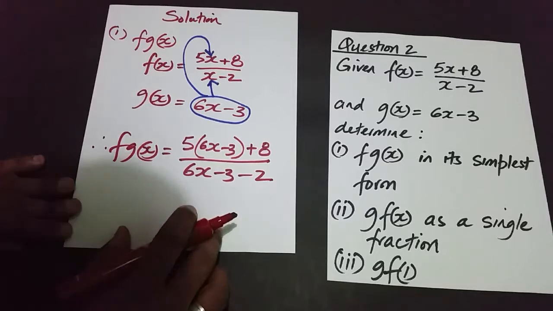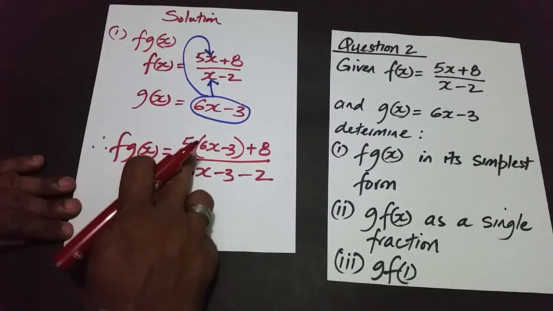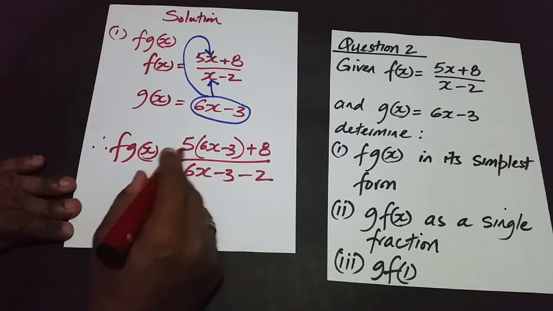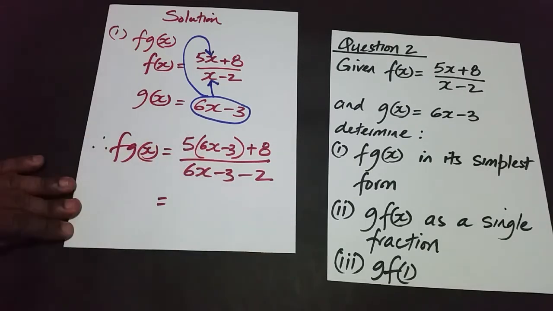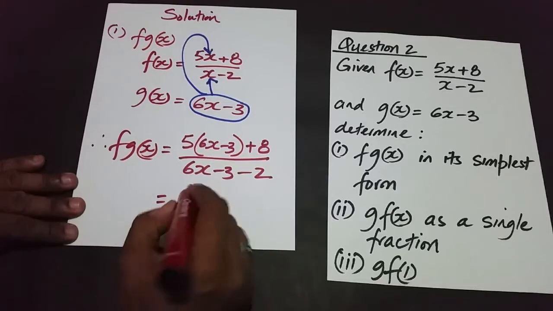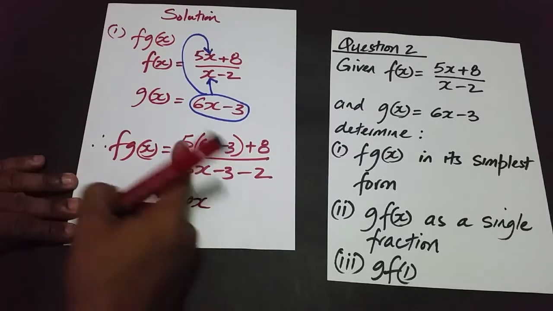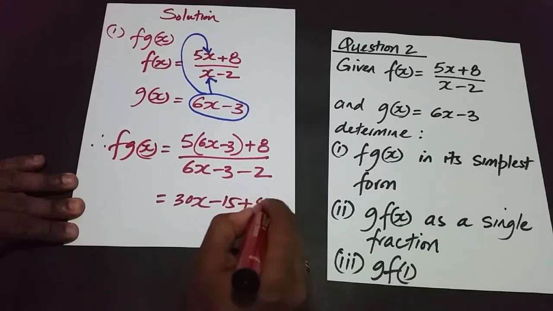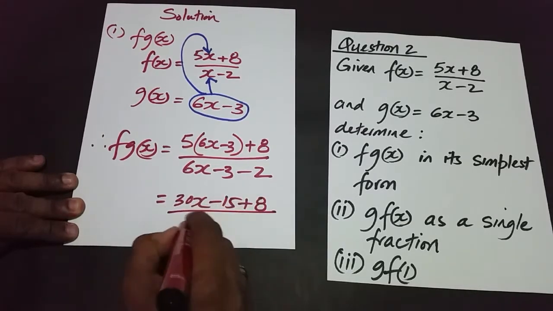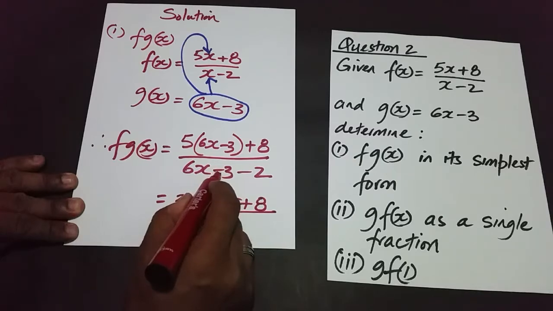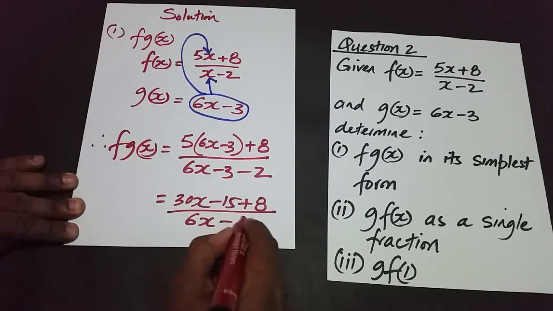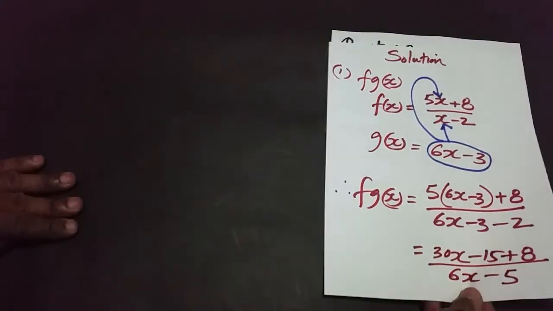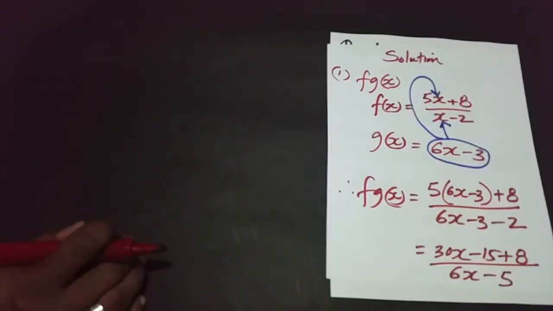So what we're going to do here is we're going to actually go ahead and expand and simplify. So this is going to be now 5 times 6x. That's going to be equal to 30x. 5 times minus 3, that is minus 15, plus 8 all over 6x. And you owe 3 and you owe 2, that means you owe 5. So I'm just going to go ahead and finish up this part of the question.